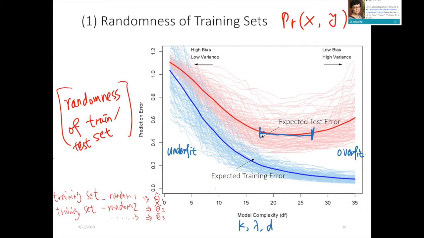This is the expected test error, which you can think of as our EPE. EPE normally has this valley shape when you have model complexity on the x-axis, and the two sides are caused by different kinds of error in that decomposition.